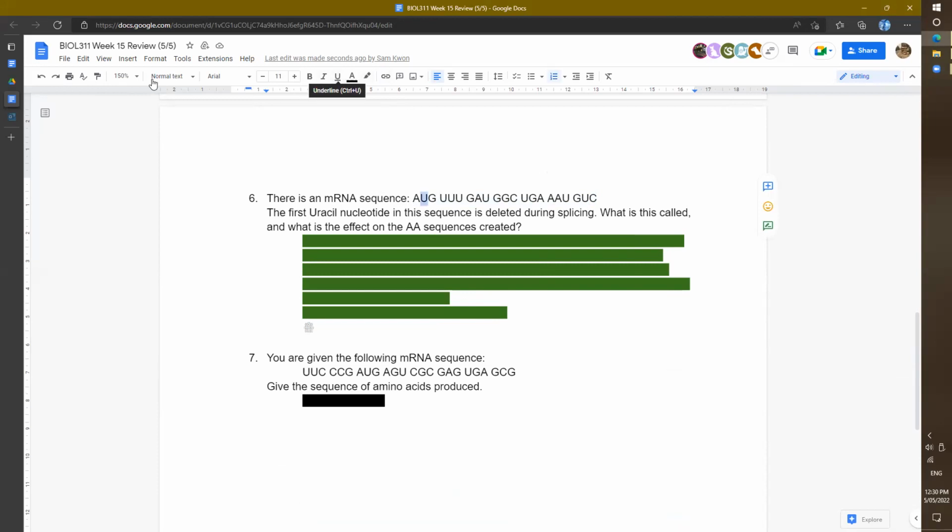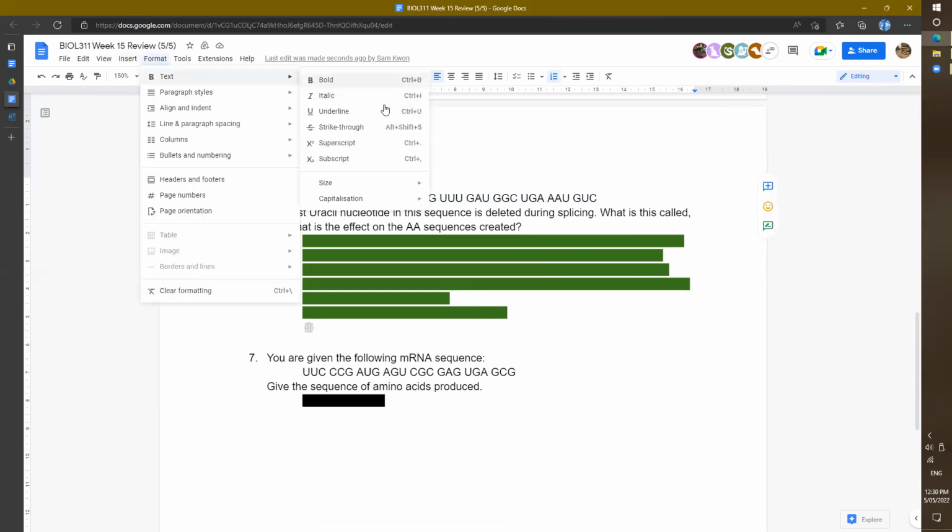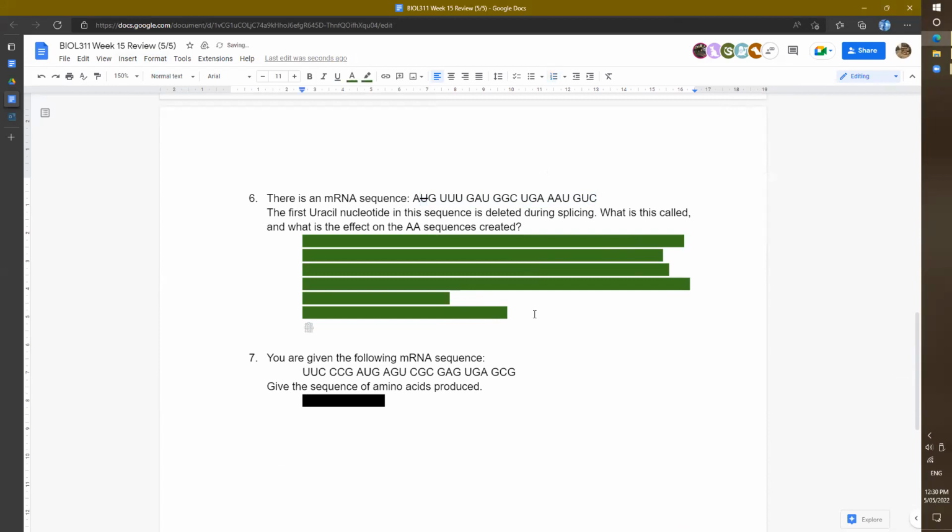The first uracil is accidentally deleted during splicing. What has just happened? And what is the effect? Very good. It's a frame shift mutation.